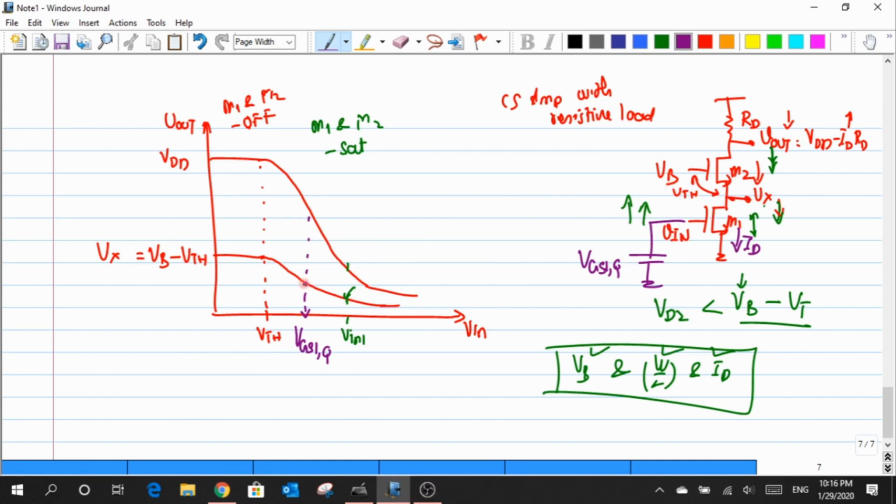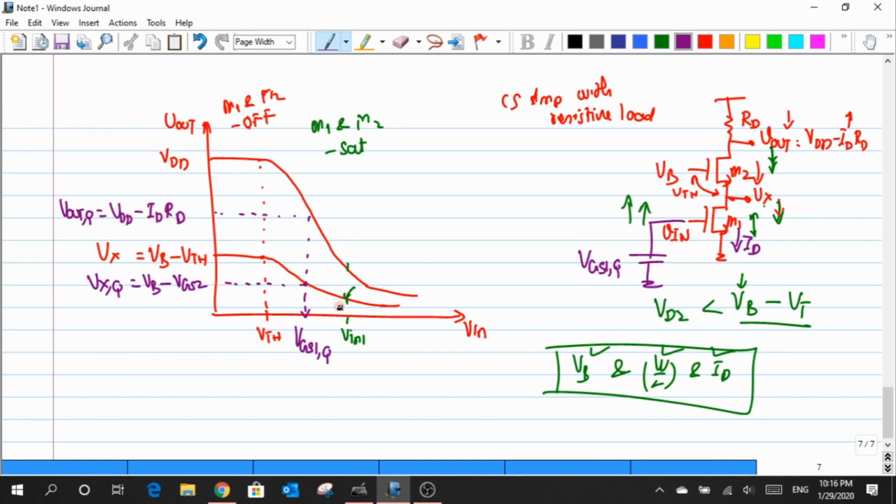So whatever I have here is nothing but the Q point VXQ, and that value is VB minus VGS2. Similarly, this intersect point will define the Q point at the output, so Vout Q is nothing but VDD minus ID times RD.